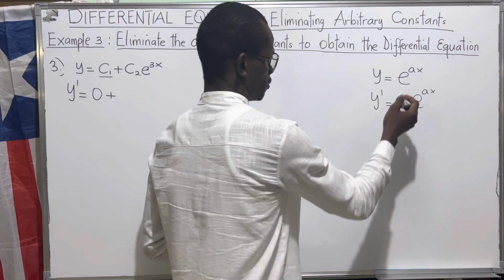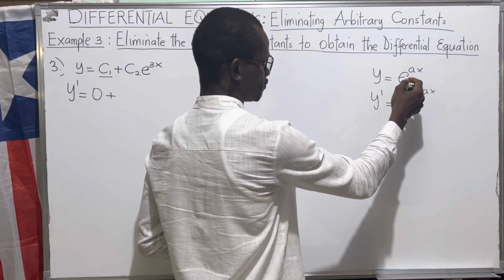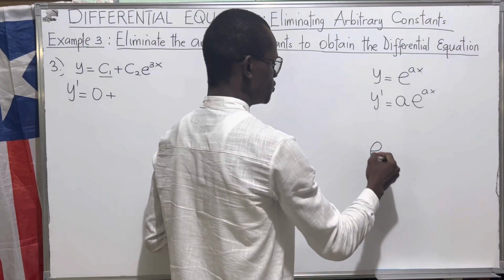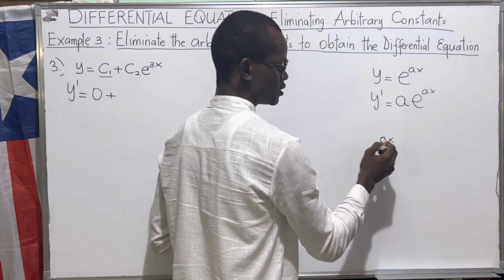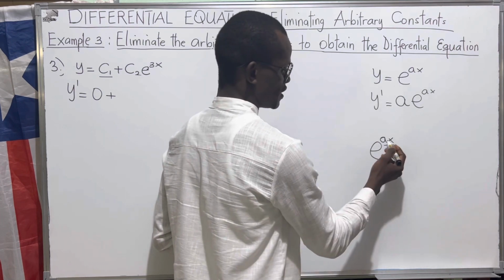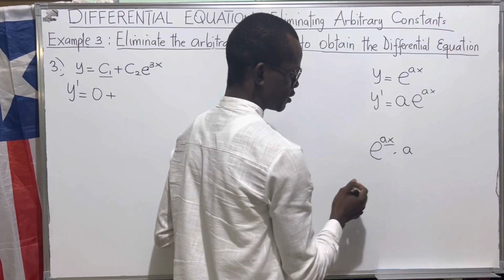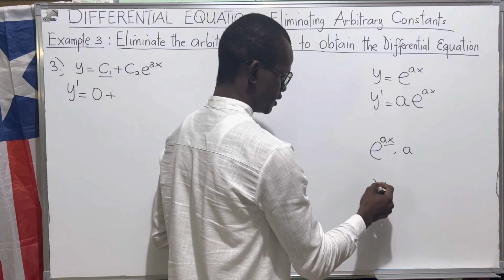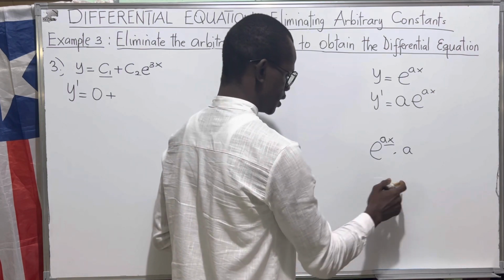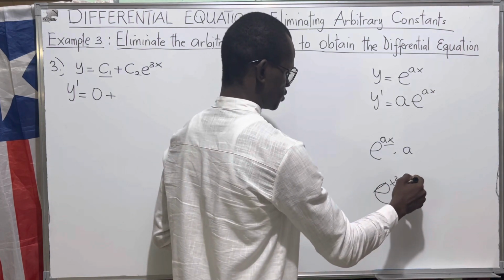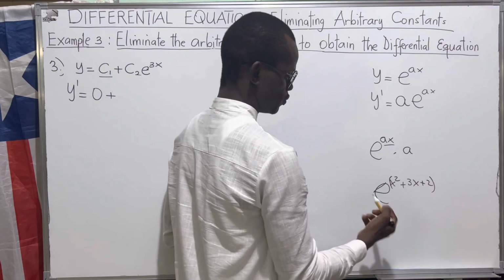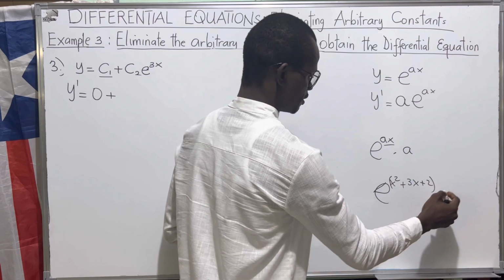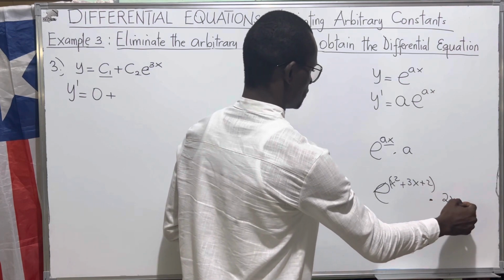That is, whenever you have an exponential function to find its derivative, rewrite the entire exponential function and differentiate the power. So the derivative of ax is just equal to a. Even if you had e raised to the power x squared plus 3x plus 2, you rewrite it and you differentiate the power, 2x plus 3.